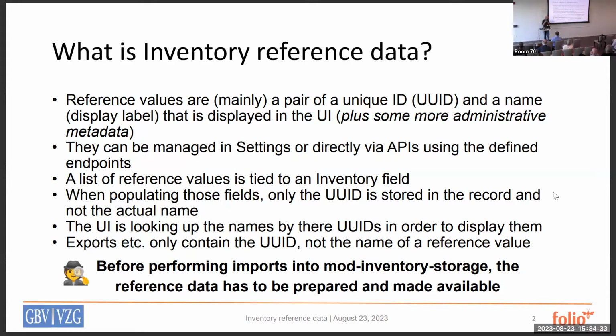Before you can do any data import, you have to prepare the reference data and make them available, because otherwise the import will fail. So let's say you have a holdings location, and you use a UUID in your incoming data, but you haven't created the location, then the holdings can't be created. It will fail.